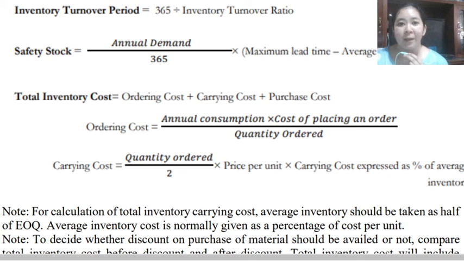For the carrying cost, this is the average of your quantity ordered times the price per unit times the carrying cost expressed as a percentage of your average inventory. Again, we will focus more on this formula in our EOQ discussion as well.